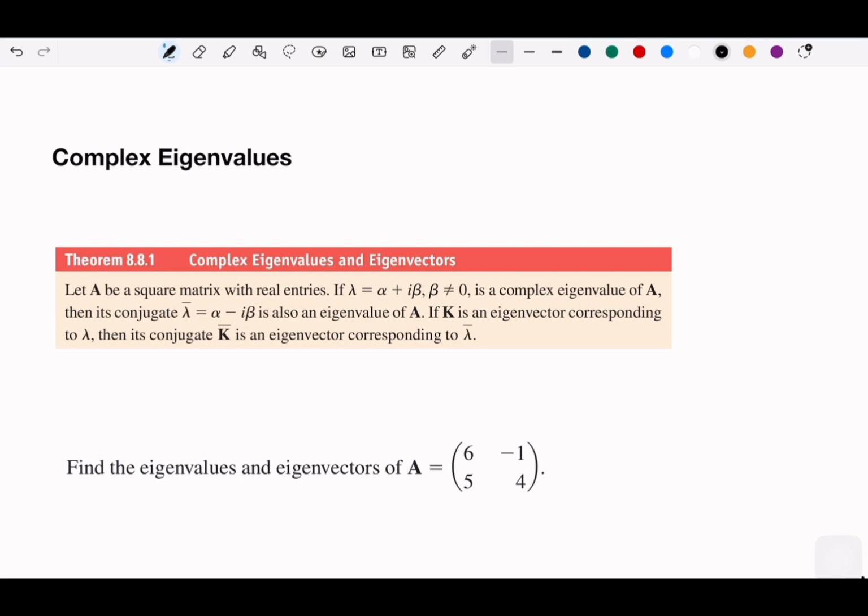For illustration, let's see this example. We have a 2 by 2, which is very simple. Then we can take the determinant of the matrix A minus lambda identity.